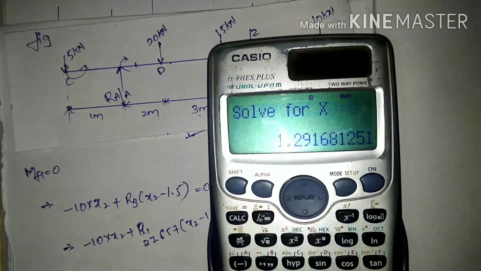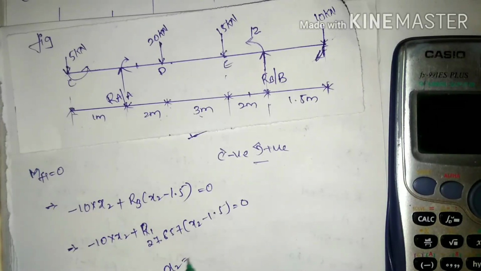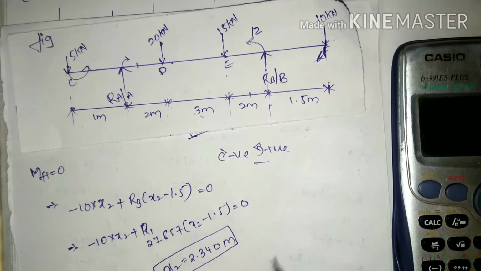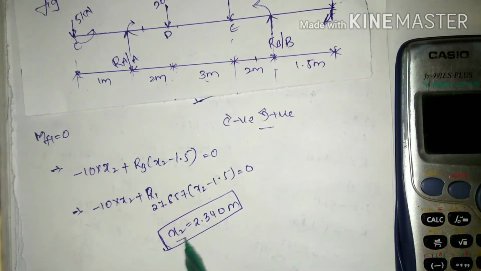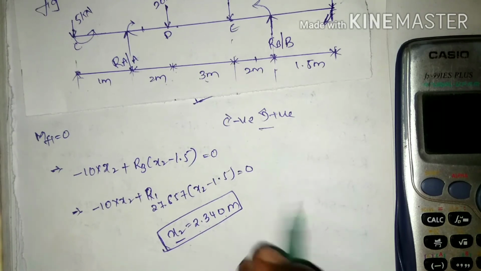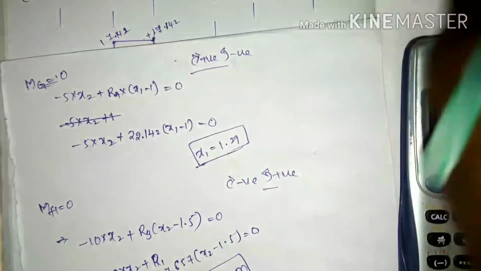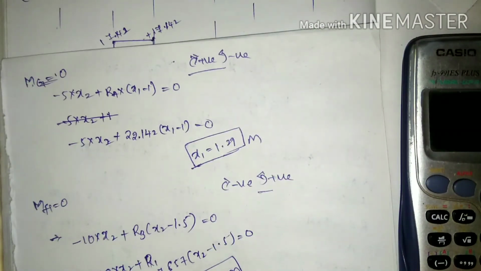Press shift and solve. You get the value of x2, that is 2.340 meters from the F side. The point of contraflexure is at 2.340, and another one is x equal to 1.29 meters from the C side.